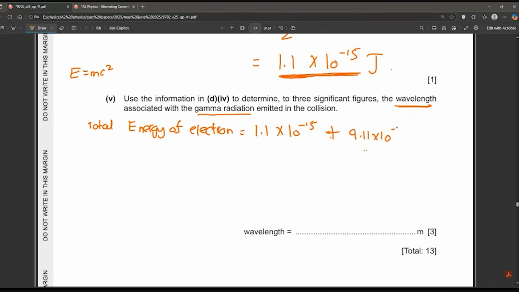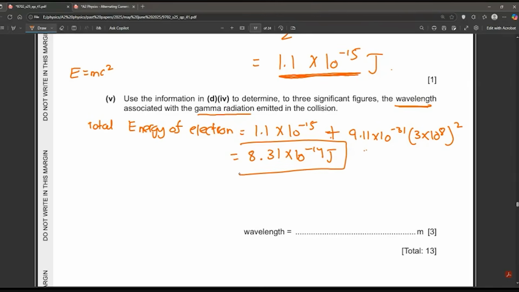9.11 10 raised to the power of minus 31 is the mass, speed of light क्या, 3 into 10 raised to the power of 8 का whole square. Can you calculate the total energy of this electron? हाँ जी, टोटल एनर्जी ऑफ दिस इलेक्ट्रॉन निकाल सकते हो जी सर, बिल्कुल. Yeah, the total energy of electron comes out to be 8.31 10 raised to the power of minus 14 joules.